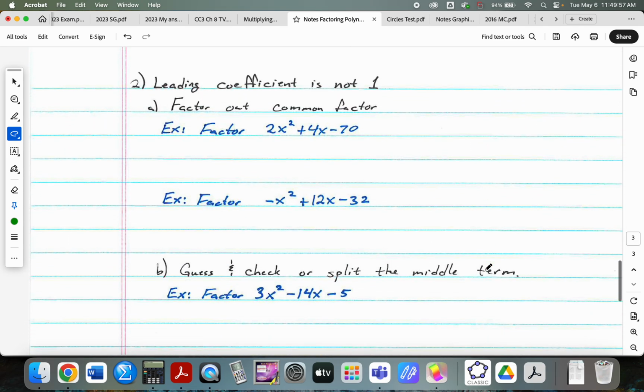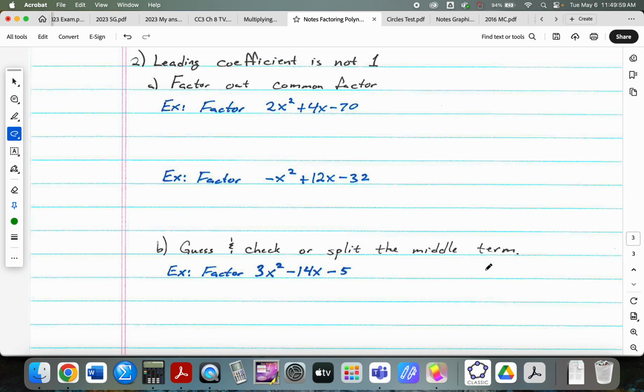All right, now let's get to what I think are the hardest ones. So if the leading coefficient is not 1, start by factoring out a common factor. Sometimes after you pull out the greatest common factor, what you have left does have a leading coefficient of 1 and you can just factor it.